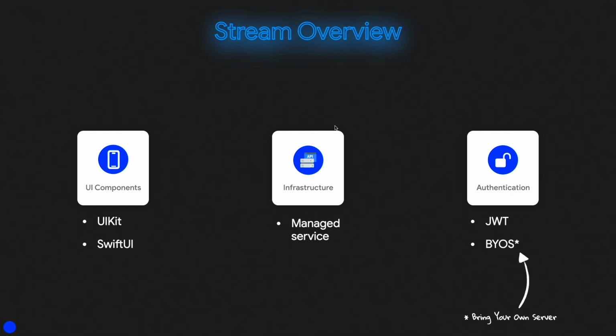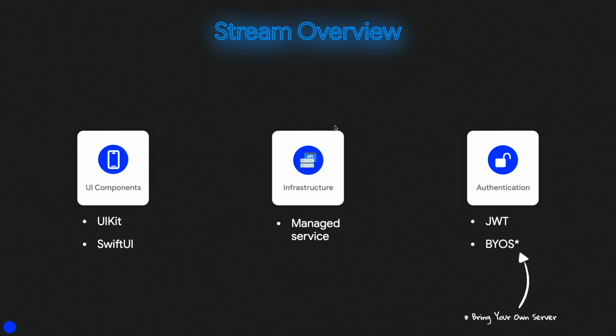So Stream consists of a few things. You get UI components out of the box, both for UIKit and SwiftUI. So that's nice. We don't have to do much there. We get an infrastructure. Stream is managing that, so managed services. We don't have to deal with those pesky servers that Peter mentioned, we want none of that. So that's good as well.